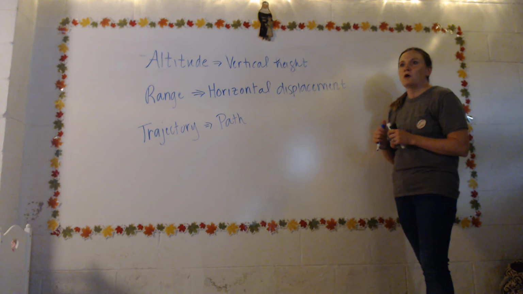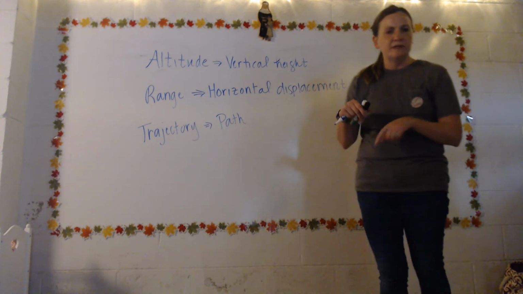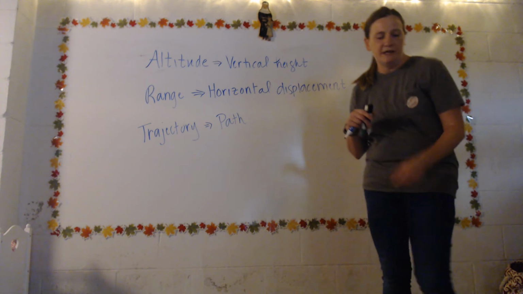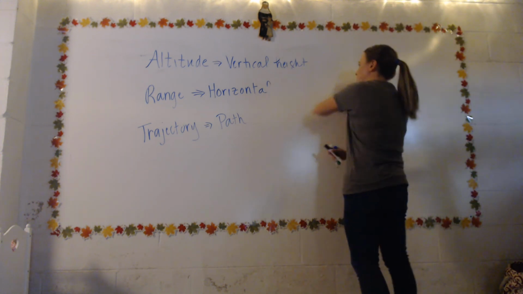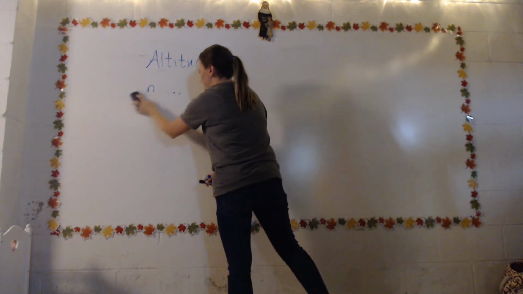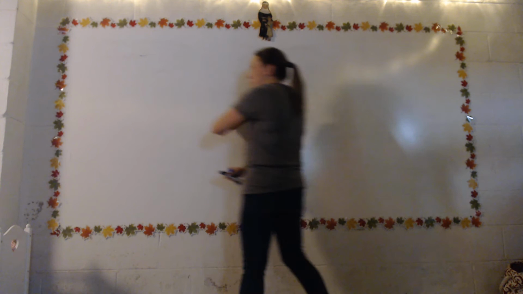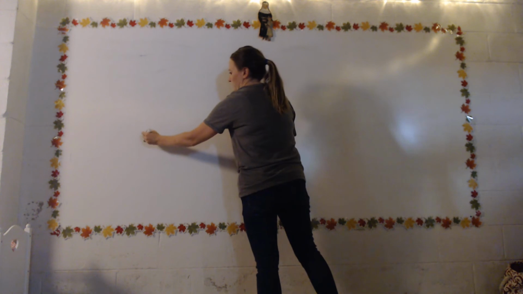Okay, so let's look at that x and y. The next slide in your PowerPoint has the x and y components of a projectile's motion. There are all kinds of different trajectories that a projectile could take. I'm just going to go with the classic. It looks pretty parabolic.